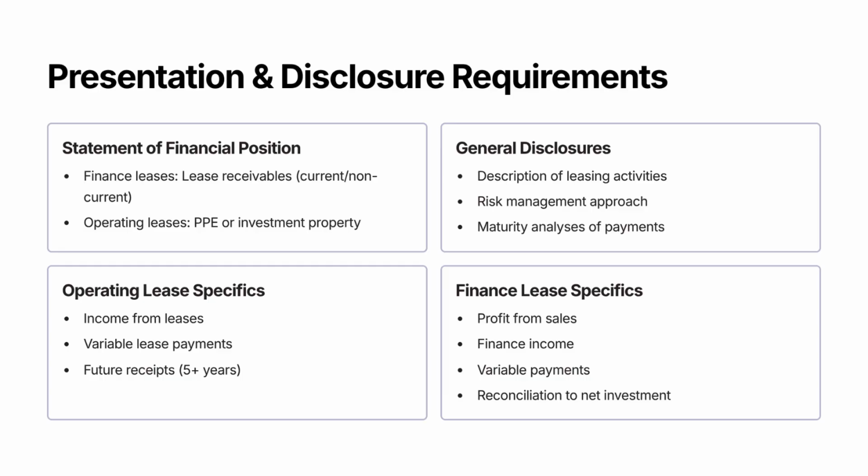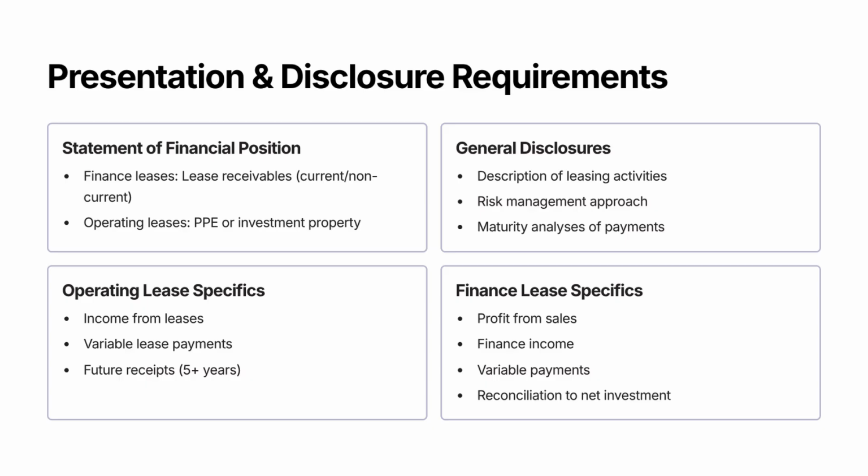On the statement of financial position, finance leases are shown as lease receivables, split between current and non-current. Operating lease assets are shown under PPE or investment property, depending on the nature of the asset. Disclosures must include a general description of leasing activities, how risks are managed, and maturity analyses of lease payments for both finance and operating leases.